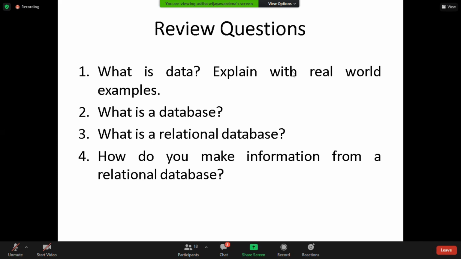For an example, I hope you know something called data abstraction. In databases, we do not collect all the data, right? We first have to identify what are the relevant data to be stored in our database. Now, if I give you one example, assume you have registered into our University of Vocational Technology.